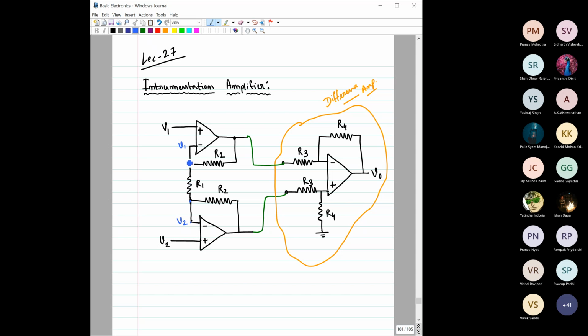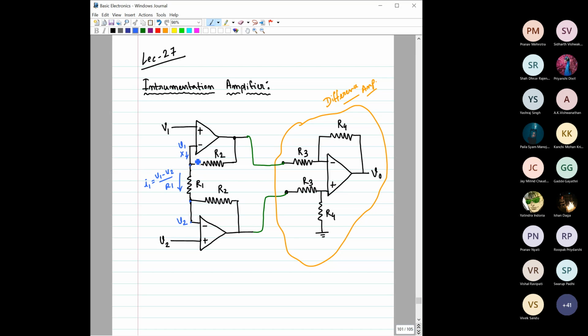And if we say V1 is greater than V2, then we will have a current flowing from this node to this node, right? And what would be the value of this current? If we call it I1, it would be equal to V1 minus V2 by R1, the current flowing through this. Now, can this current come out of this?